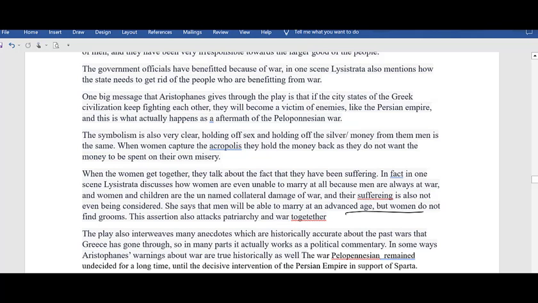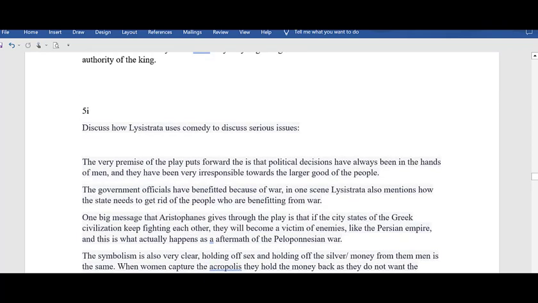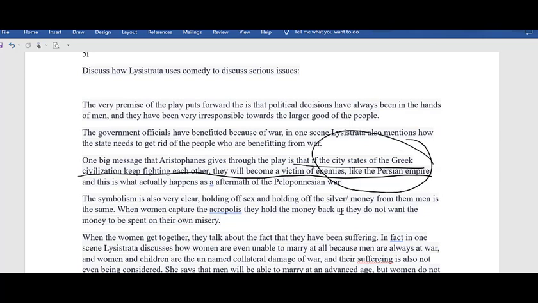So the big message that Aristophanes is giving through the play, even though the play is using a lot of physical comedy, as I had said, is that if the city-states of the Greek civilization keep fighting against one another, bigger enemies like the Persian Empire will take over. And actually, this is what happened.